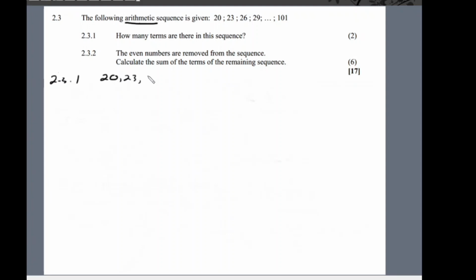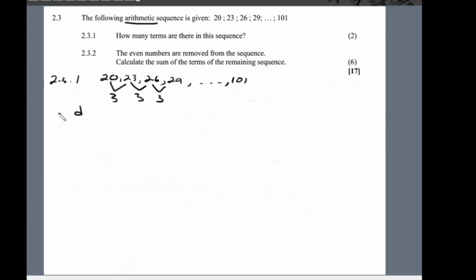20, 23, 26, 29, all the way to 101, right? So to move from 20 to 23, you add 3. To move from 23 to 26, you add 3. To move from 26 to 29, you add 3.